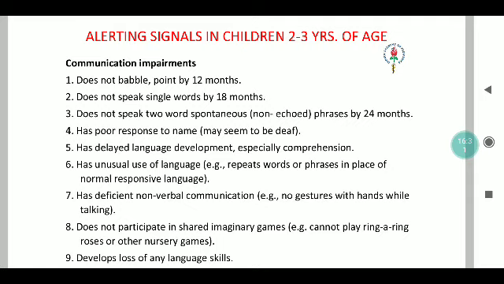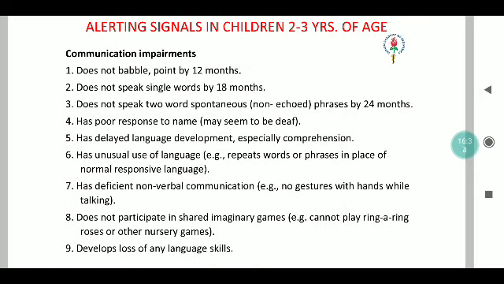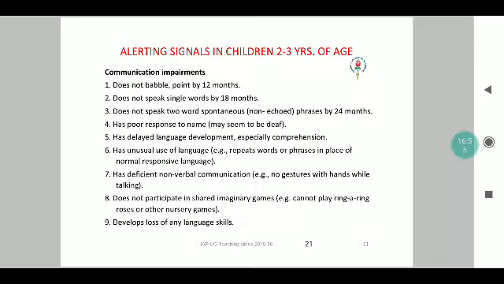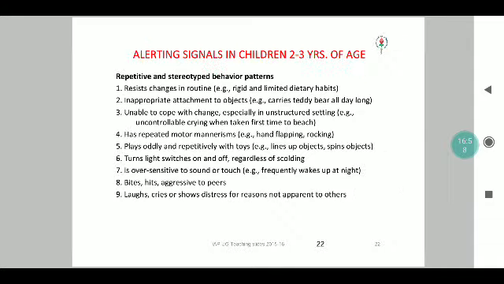Now, when I say unusual use of language, I mean repetitive phrases in place of normal response. Deficiency of non-verbal communication, that is, absence of hand gestures. Inability to participate in shared imaginary games, that is, appropriate nursery games for that age, or inability of having requisite language for that age, or developing loss of any language skills at any given point of time. These are communication warning signs.